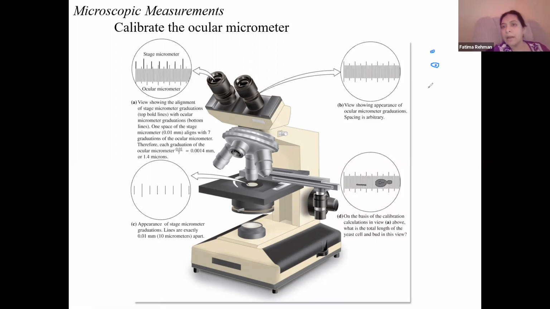Then I move over to my 40x objective lens and now I can see more detail. I can see the nucleus, the nucleoli, maybe some cilia, who knows, something else is there.